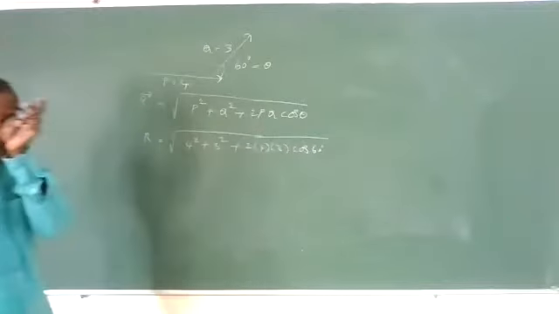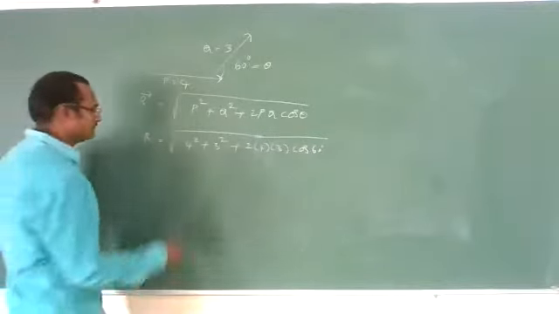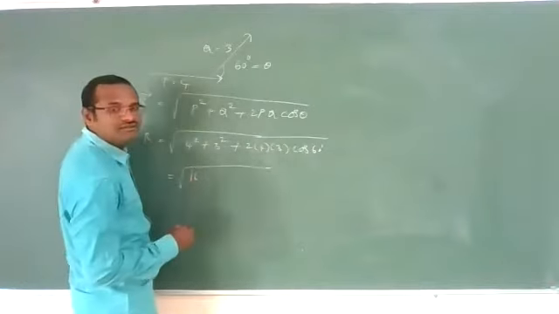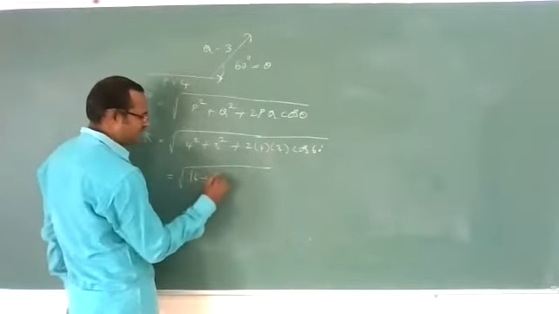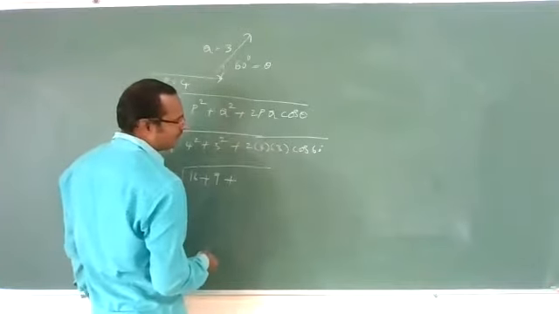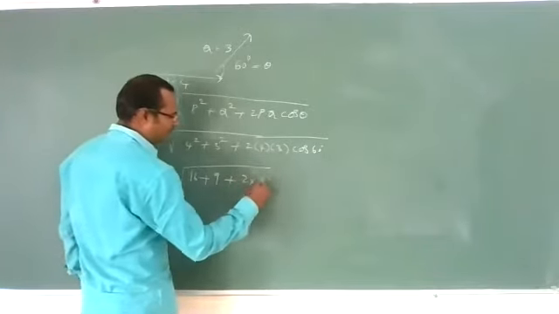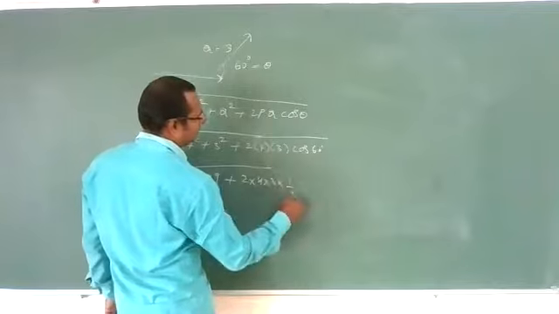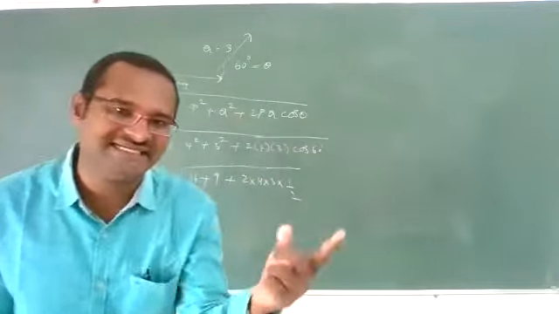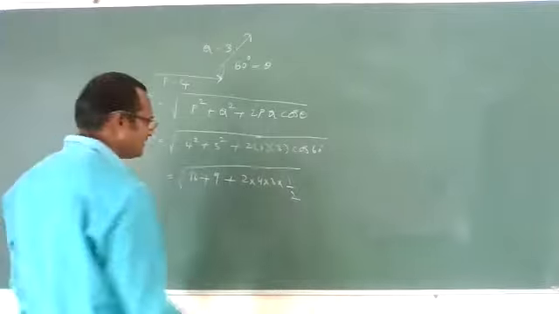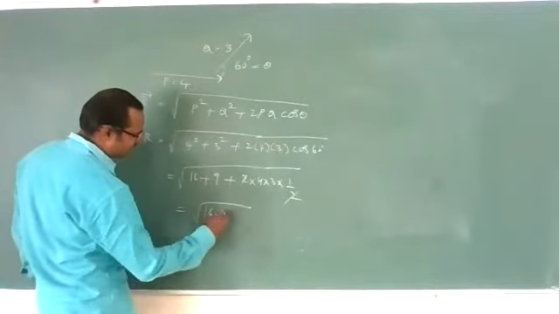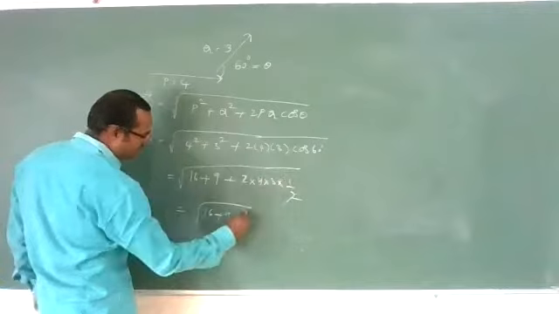That is root of 16 plus 9 plus 2 into 4 into 3 into 1 by 2. Cos 60 is 1 by 2, which is the same as sin 30, and sin 30 is half. So the 2 cancels, and we get root of 16 plus 9 plus 12.